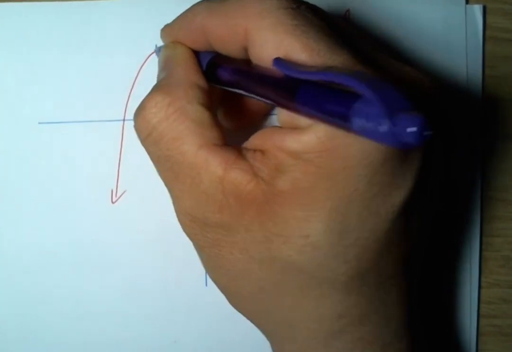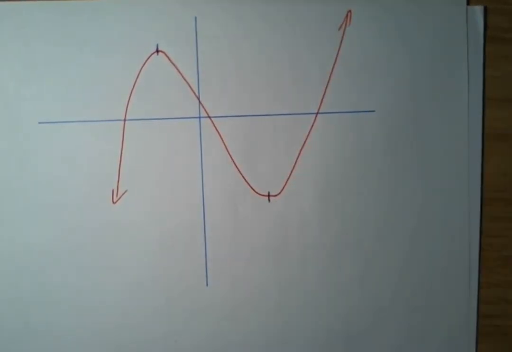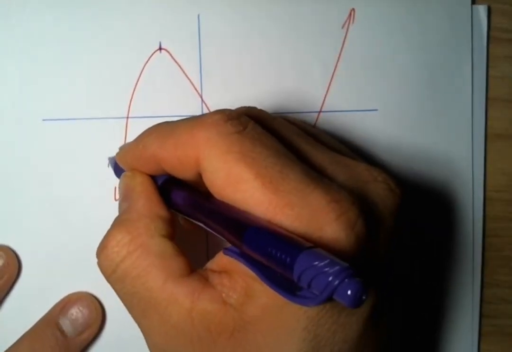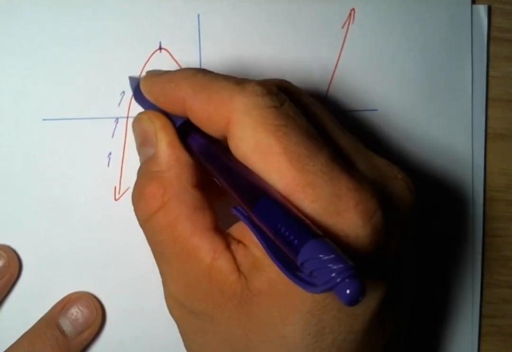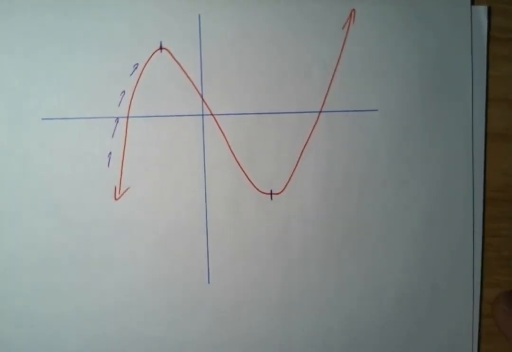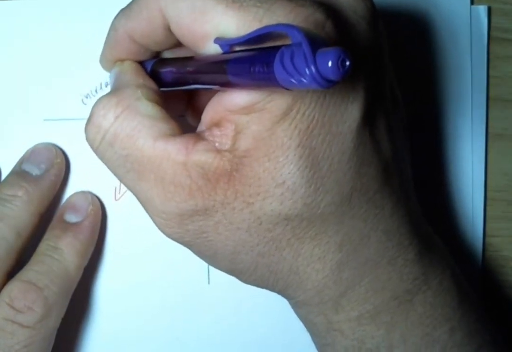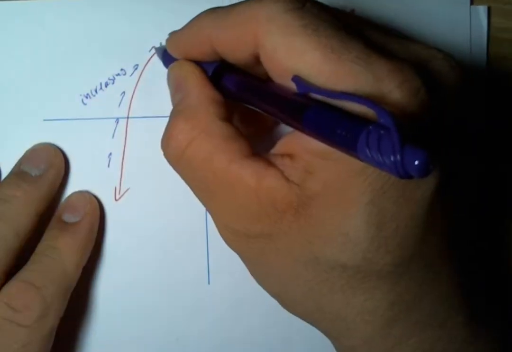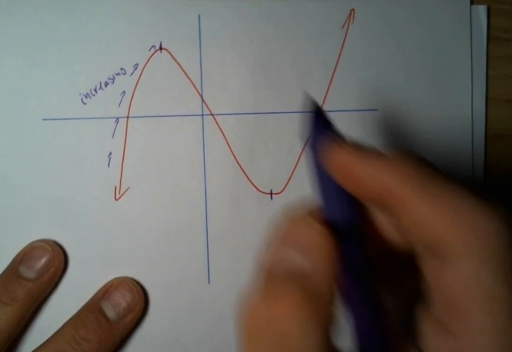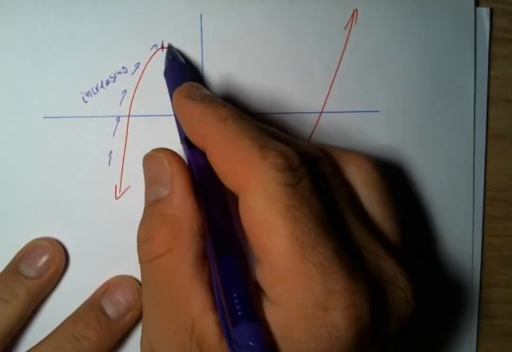Now, this idea of a turning point, I want to mark off these points here. Think of it like going on a ride on this curve, always reading from left to right. As I go up this way, this is increasing. Then I reach a peak, a maximum here. It's not a maximum of the whole function, just around here.